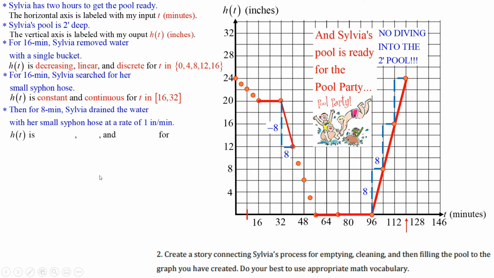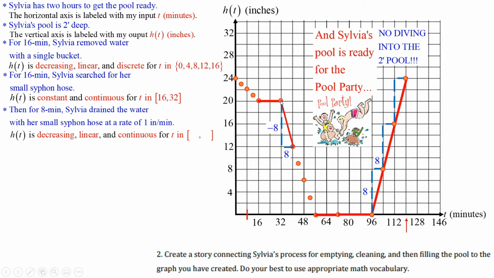Again, it's decreasing, and that's a straight line segment, so it's linear. And it's a line segment, so it's what? It's continuous again. So now I have to use my interval notation for my time during this part of the graph. So t is in, and my t value can equal that number, and my t value can equal that number, so I'm going to use brackets.